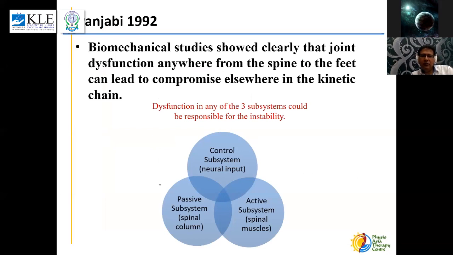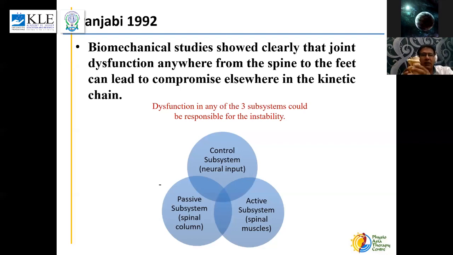Now, if you look at a very classical model, which was devised by Dr. Manohar Punjabi in 1992, a kind of gold standard model that talks about lumbar pain and lumbar stability, he classically defined the spinal model to be governed by three key subsystems. One is your passive support system.